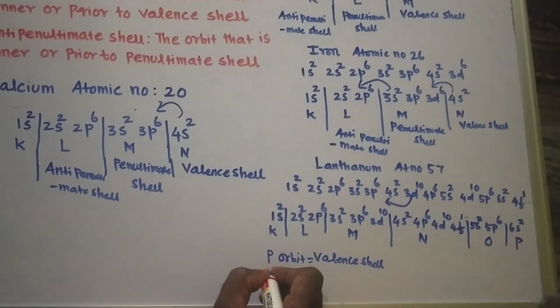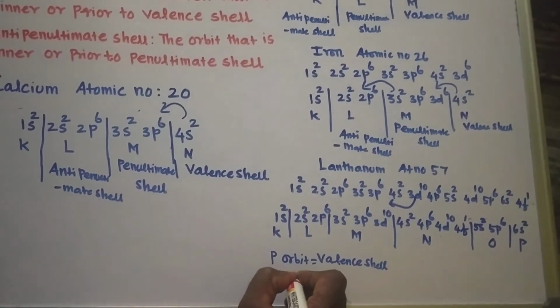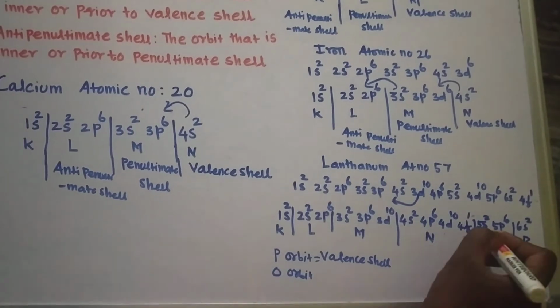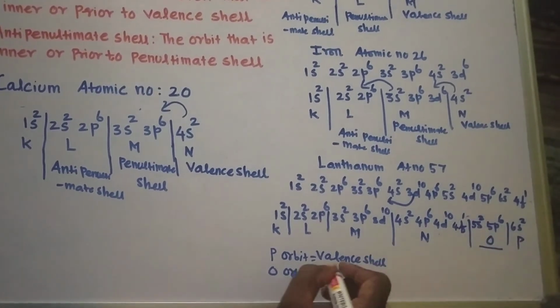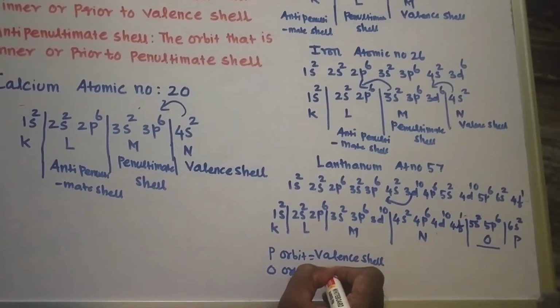Then the O orbit that contains 5s2 and 5p6 is the penultimate shell.